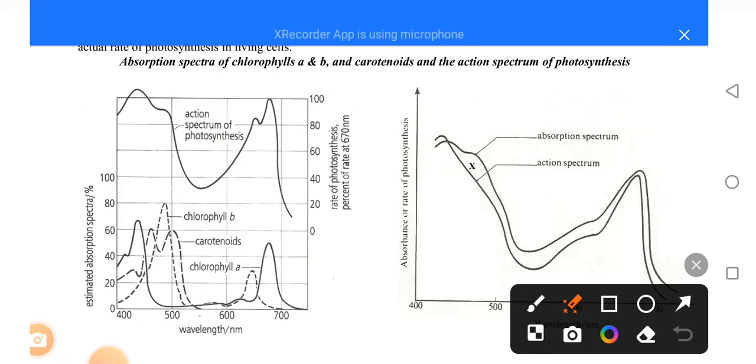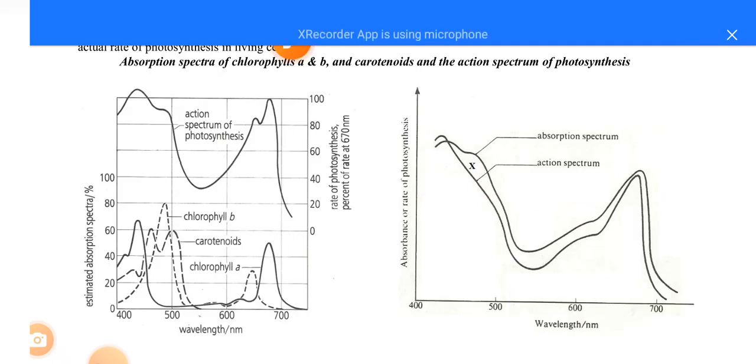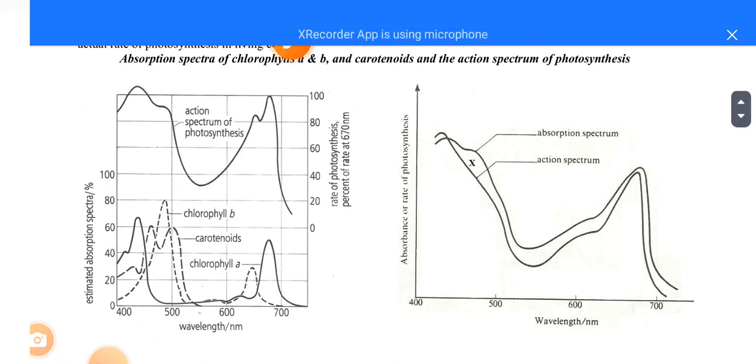Here we have the wavelength down there, and absorbance or rate of photosynthesis.